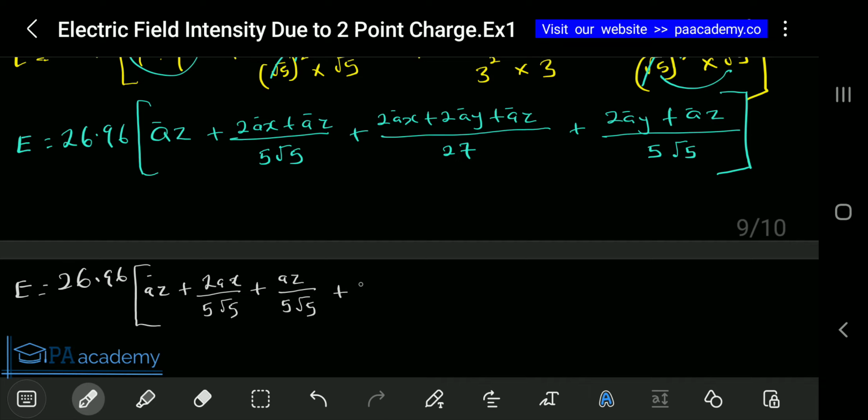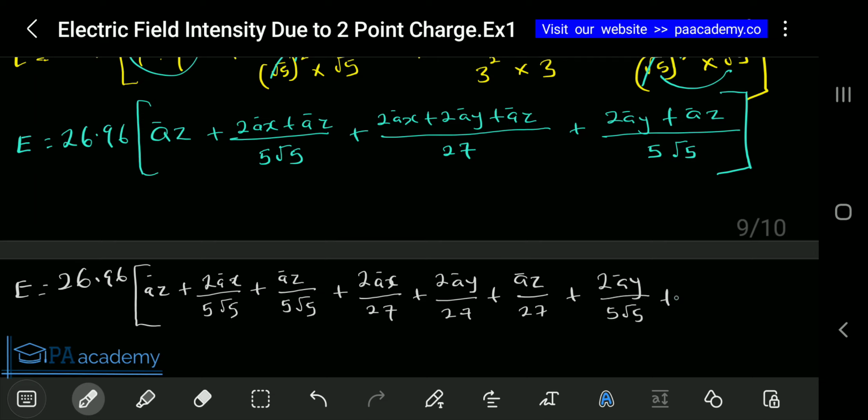Then we'll go to the next one, plus 2AX over 27, plus 2AY over 27, plus AZ over 27. Then the next one, that will be 2AY over 5 root 5, plus AZ over 5 root 5.